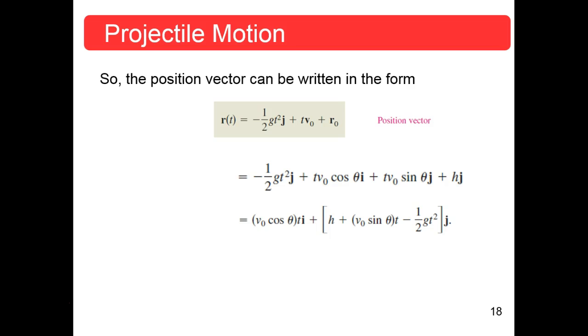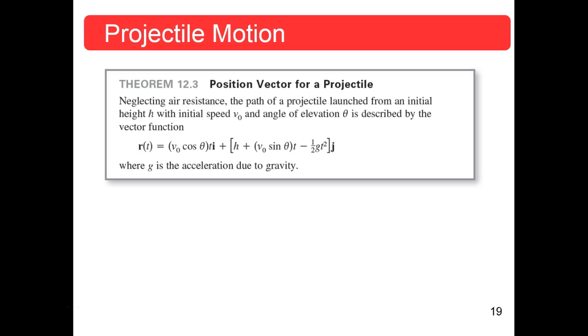And then combine all these j's together: h plus v0 sine theta t minus 1/2 g t squared, all this times your j. And sure enough, you got it. I can't think of any reason they did this except getting the pluses in front. Otherwise, I would have written it the other way, minus 1/2 g t squared, and then the t term, and then the constant term.